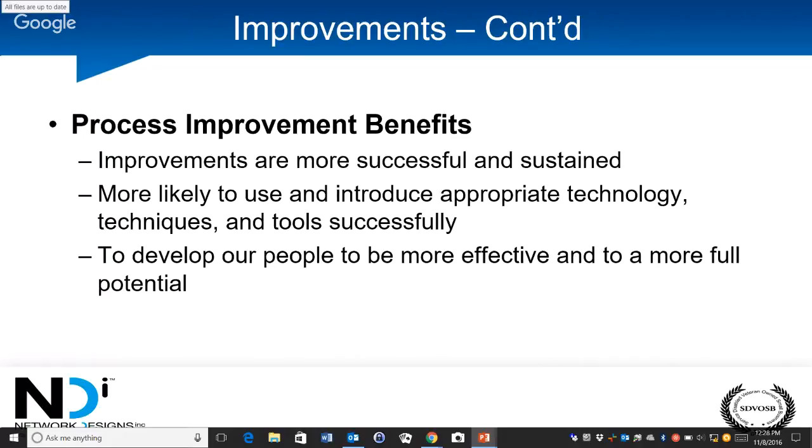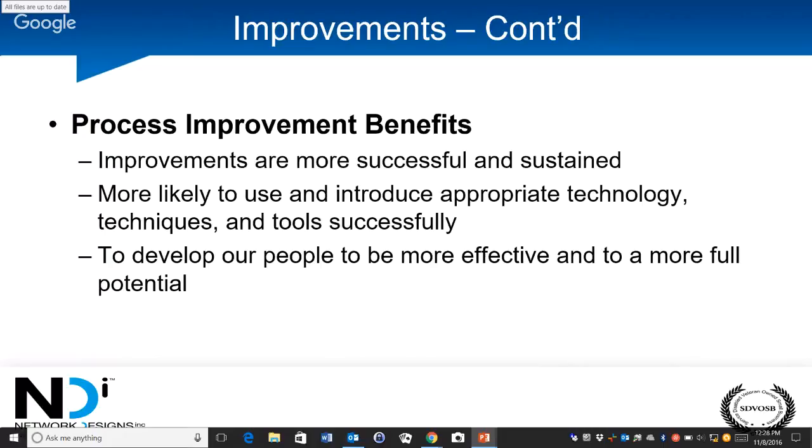And likewise, it's more likely to use and introduce appropriate technology, techniques, and tools successfully. We certainly don't want to just throw technology willy-nilly into a process. We want to think through what it is we're doing. We want to evaluate it. Is this the right technology? Are these the right processes and techniques?